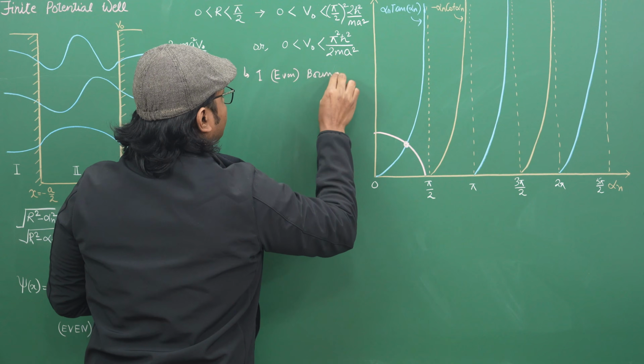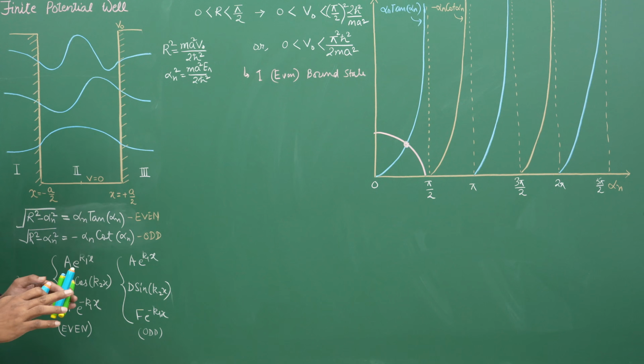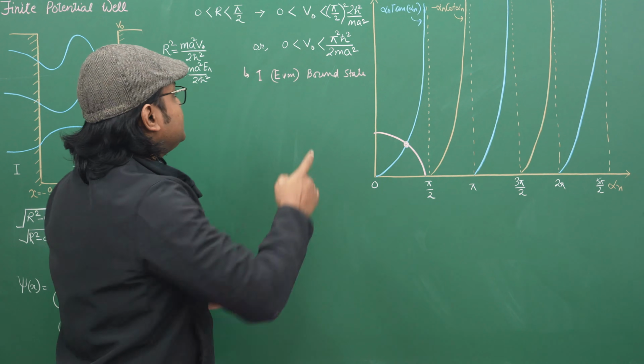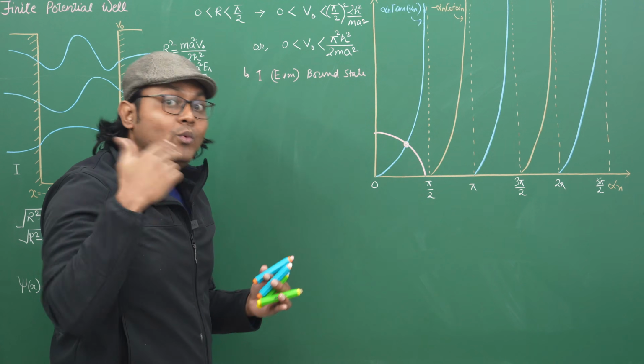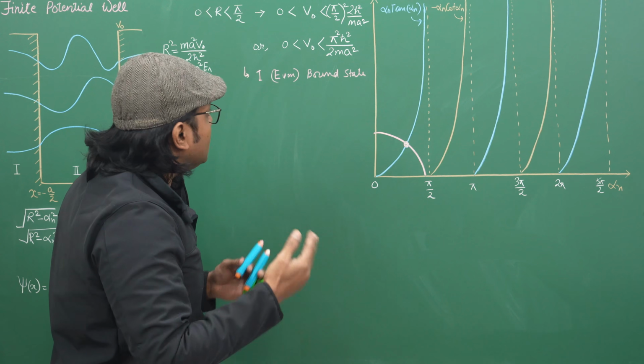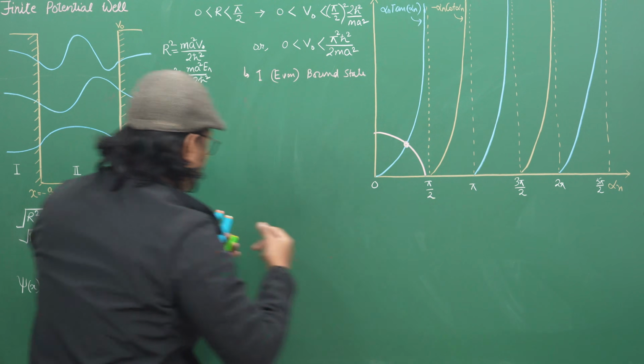That's it. We will get one bound state no matter what. As long as we have a finite well which is greater than 0, we will get at least one bound state.